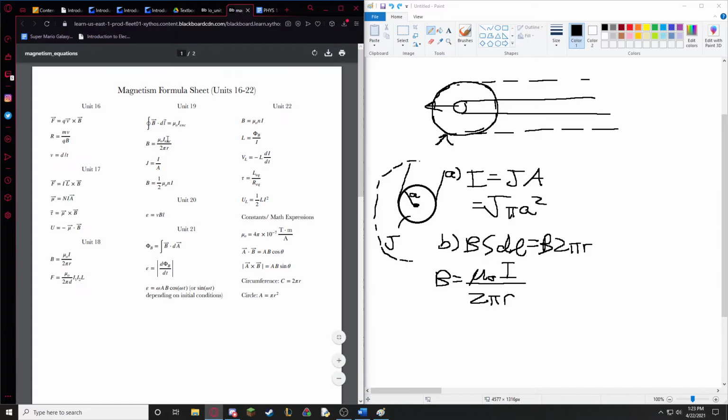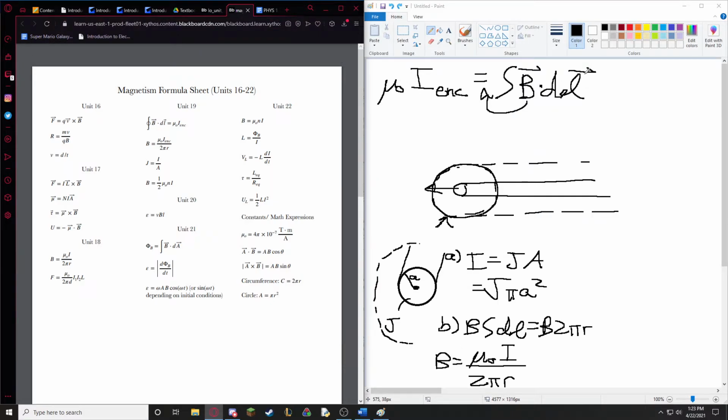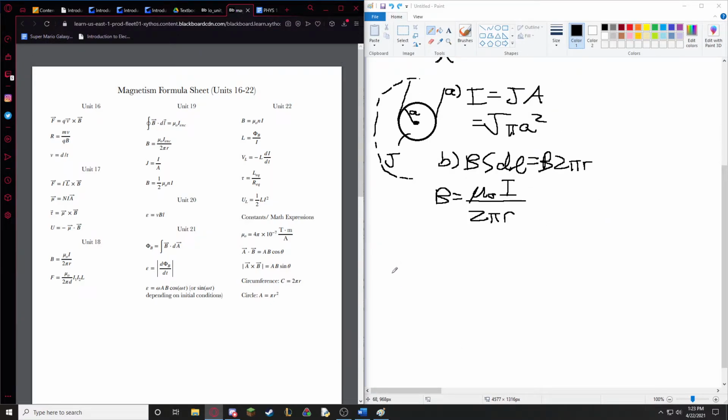This is actually on our formula sheet, and that's for any symmetrical current distribution, for a wire, obviously, with cylindrical symmetry. It's the same thing with Gauss's law, where we can solve our integral and take 2 minutes to do it, or we can just know E is equal to K times Q enclosed over r squared.